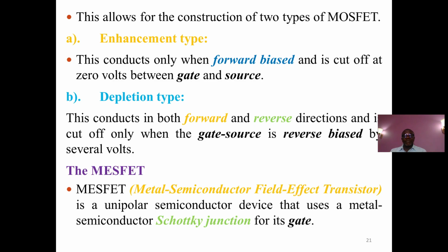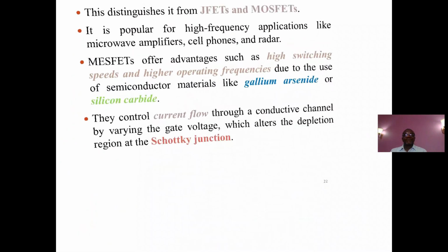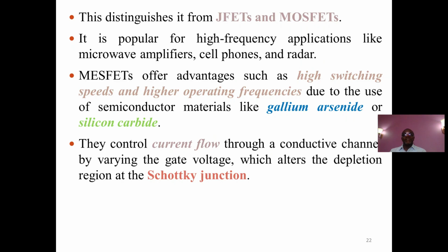This MESFET works with this Schottky junction at its metal semiconductor interface for its gate. Now, this distinguishes it from the junction field effect transistors and the metallic oxide semiconductor field effect transistors.